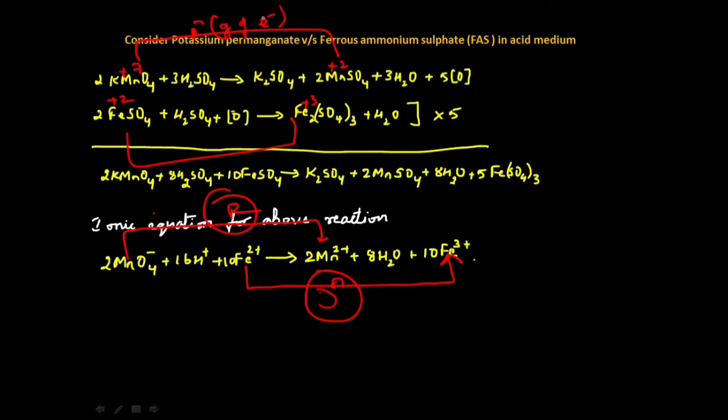electrons. The second reaction is oxidation, which is nothing but loss of electrons, isn't it? So this reaction will lose electrons, this reaction will gain electrons, so electrons will be transferred from here to here, isn't it? So from reducing agent to oxidizing agent.